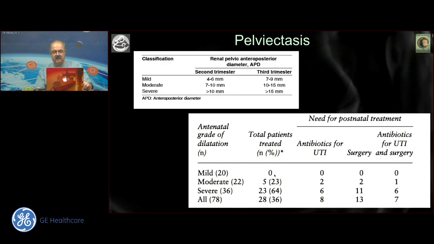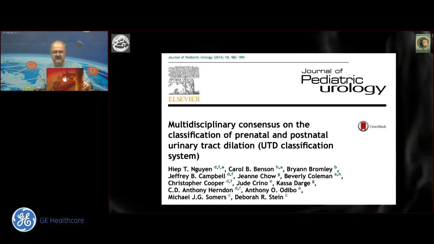We do realize now that things are a little different, and that there are some that will progress significantly, and that odd group can be prevented from a destroyed kidney by following them up in the postnatal period for making sure. And therefore we moved on to a completely new classification, which is published now in several places.